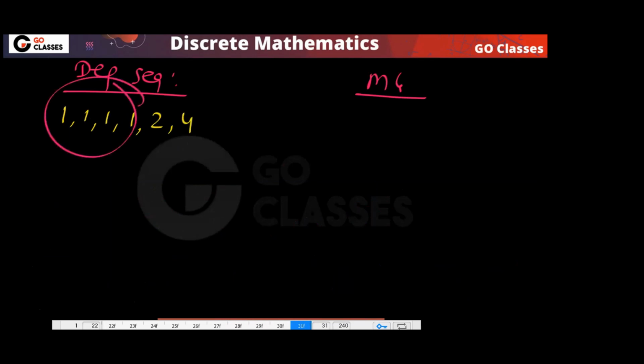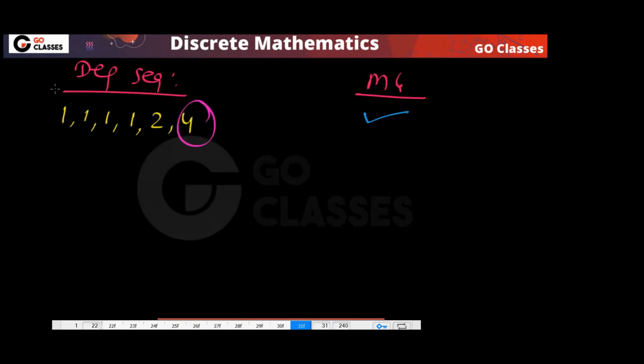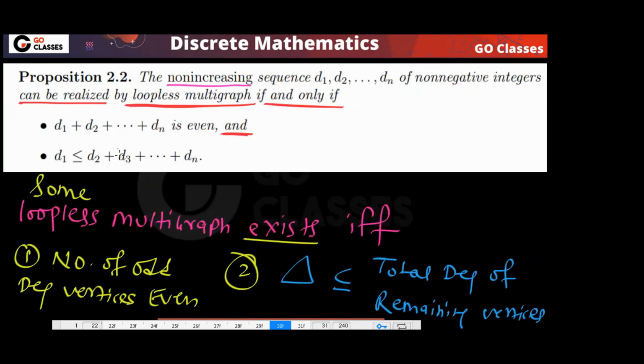The number of odd degree vertices is even. And you can notice that the maximum degree is less than or equal to the total degree of the remaining vertices. The maximum is 4. Is this clear?